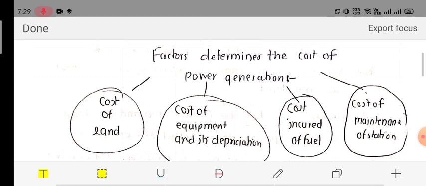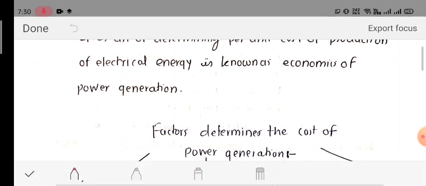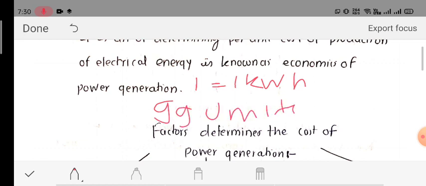I want to give one example from your MSCB bill. We know that 1 unit equals 1 kilowatt hour, right? And if you are consuming 99 units in a month, then how much are you going to be charged?